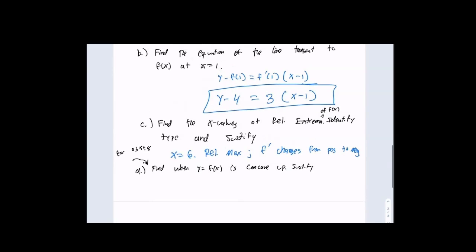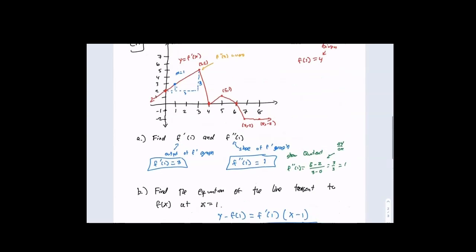So what's my answer? No. That's when f is increasing. We want to know when f prime is increasing.